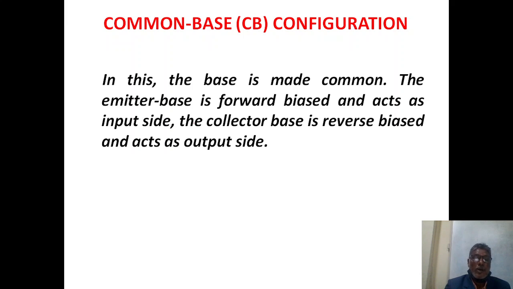I have already told you. Similarly, the collector base junction is in reverse bias, which acts as the output side. I had already narrated this. So see this diagram, and we will look at how the diagrams come.